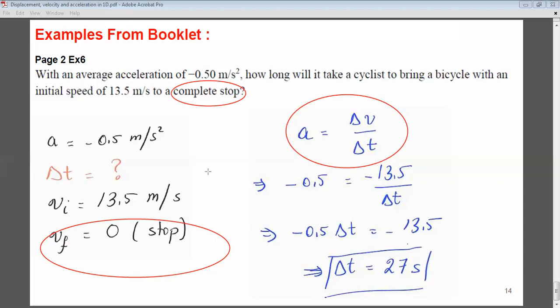One thing you need to know is that displacement has the unit of distance, that is centimeter, meter, kilometer, decimeter, units of distance, okay? Velocity, which is displacement over time, has the units of distance over time, so meter per second, or kilometer per hour.